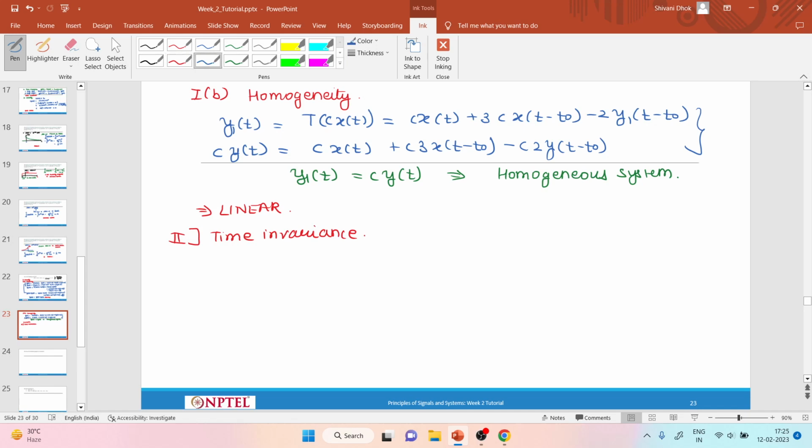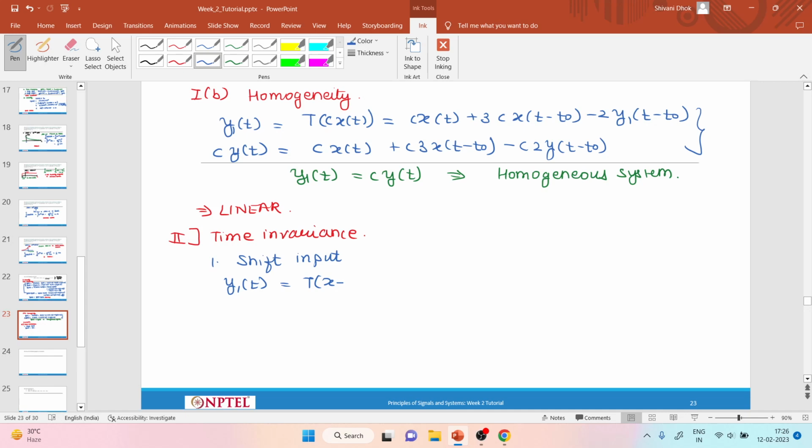For that, first we'll shift the input. Let's say my y1 of t is the output when I'm supplying shifted input.